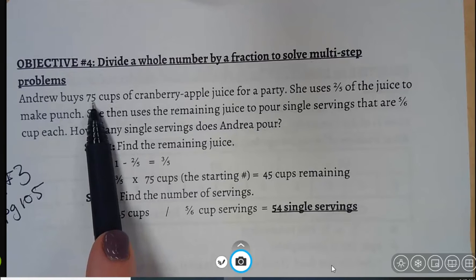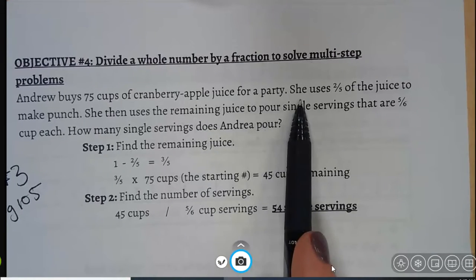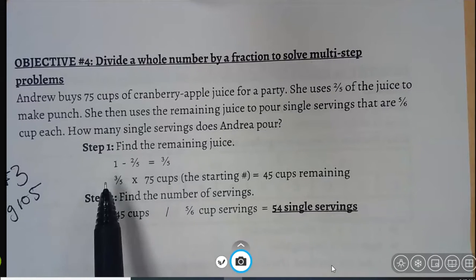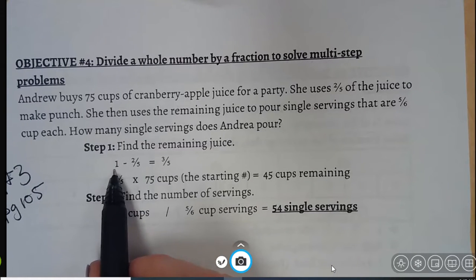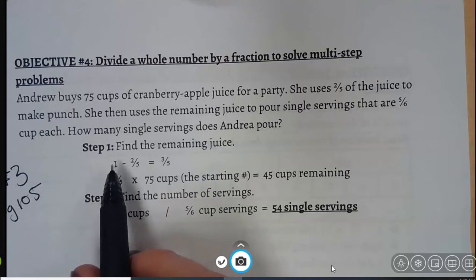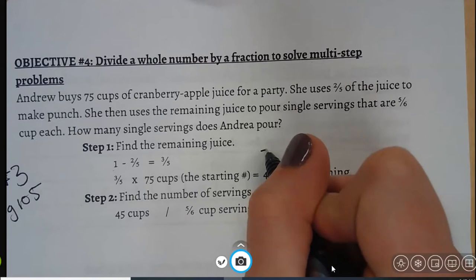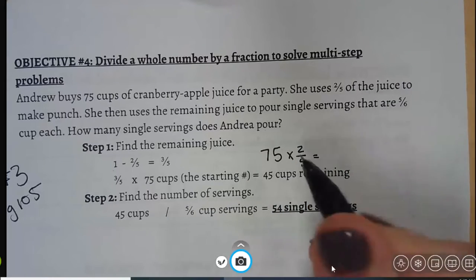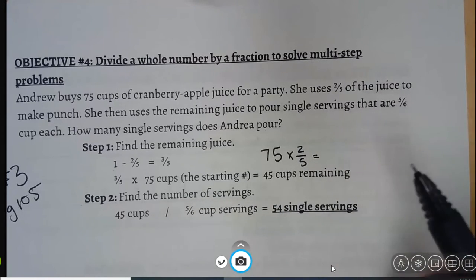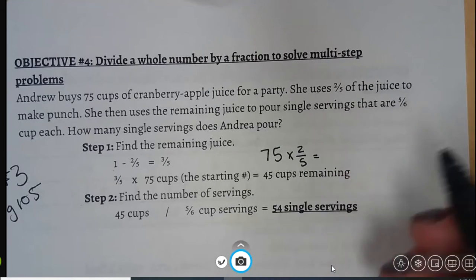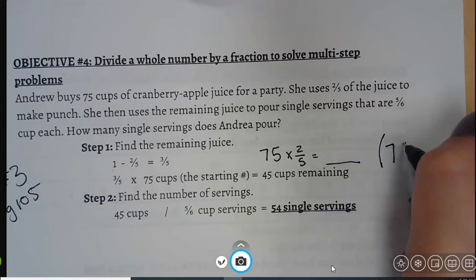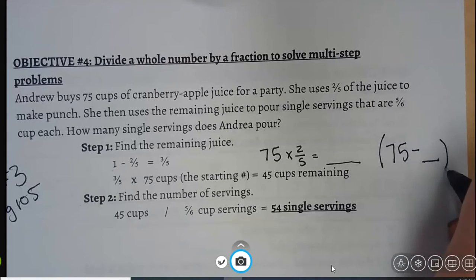So 75 cups of cranberry apple juice, she uses 2/5 of the juice. So you're going to find out what 2/5 of 75 is. So you can either do 1 whole as the 75 cups, or you could take 75 times 2/5 to find out how much 2/5 of 75 is, and then subtract that from the 75. So after you found this amount, then you would have to do 75 minus whatever that amount was to get the remaining.